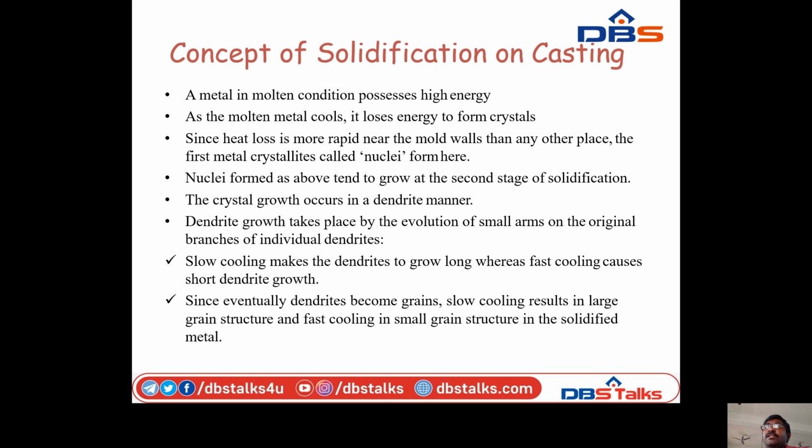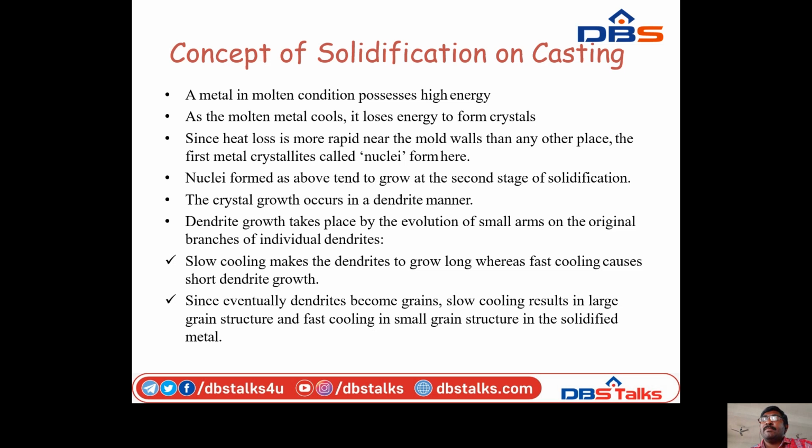Since heat loss is more rapid near the mold walls than any other place, the first metal crystallites, called nuclei, form here. Nuclei formed as above tend to grow at the second stage of solidification. The crystal growth occurs in the dendrite manner.